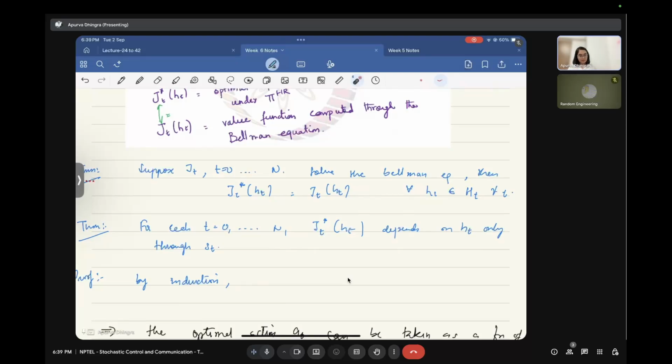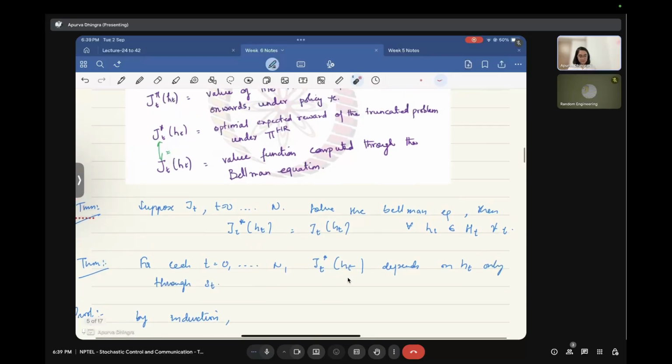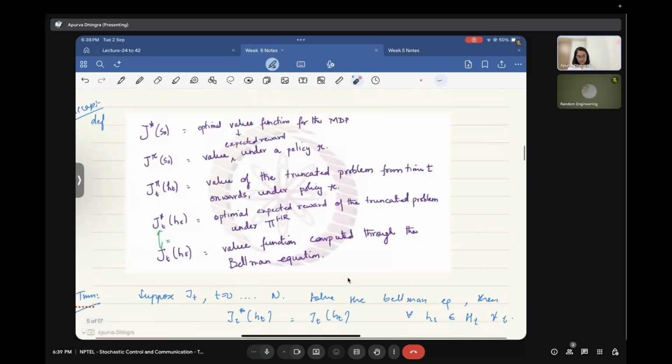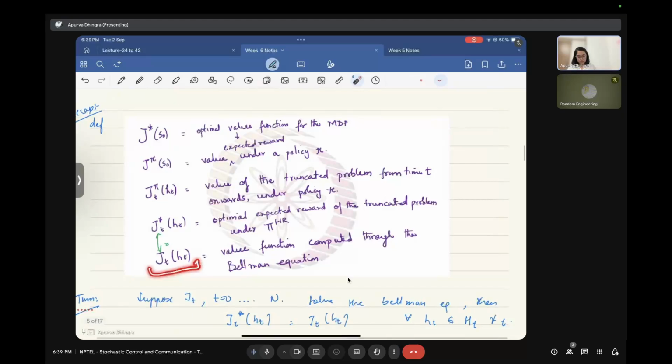Okay, so the point here is, if you use the Bellman equation and solve this for all t in a backward fashion, what you'll end up getting at each step would be this guy, meaning the optimal strategy or the optimal policy from time t to n minus 1. That's what you'll get, and you'll also be getting the optimal expected reward at that point. And once you've solved this for all t, you'll be getting the optimal value function for the MDP itself.